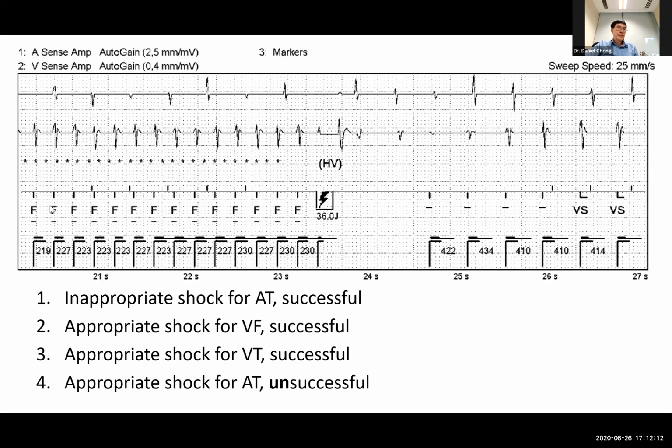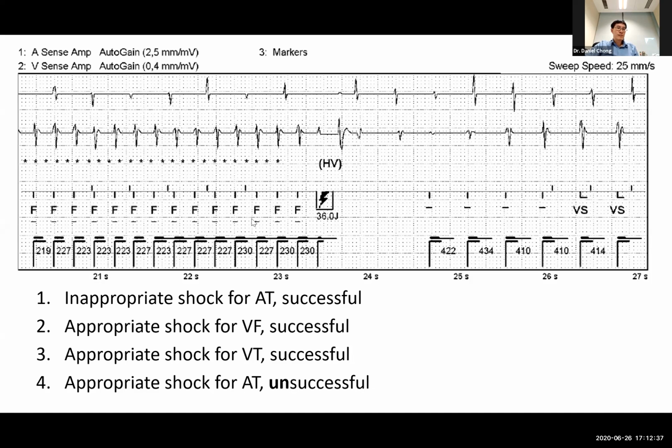You can see that there's a tachycardia that is fairly regular and fast. There are more V's than A's, so more ventricular beats than atrial beats. There is a lightning sign here indicating that there was a high voltage delivery shock. After that, the rhythm went back to essentially a normal rhythm.